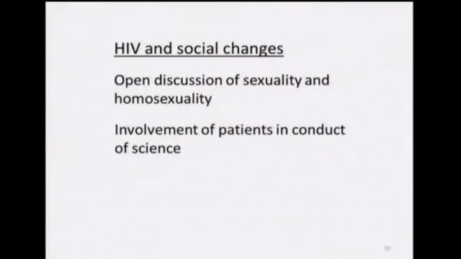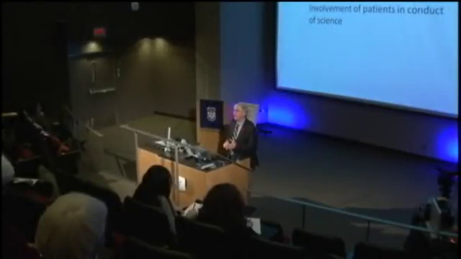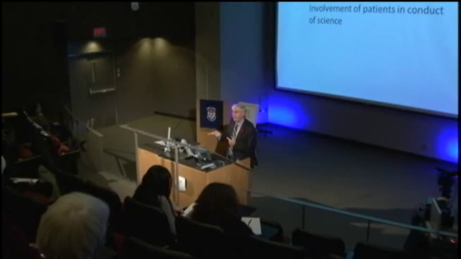One other thing that happened is that the typical patient during the HIV epidemic was, early on, a young, educated male, and the expectations of those new patients were different from the traditional patients. They insisted on having a say in the way research was conducted on their disease, and in the way clinical trials were conducted.